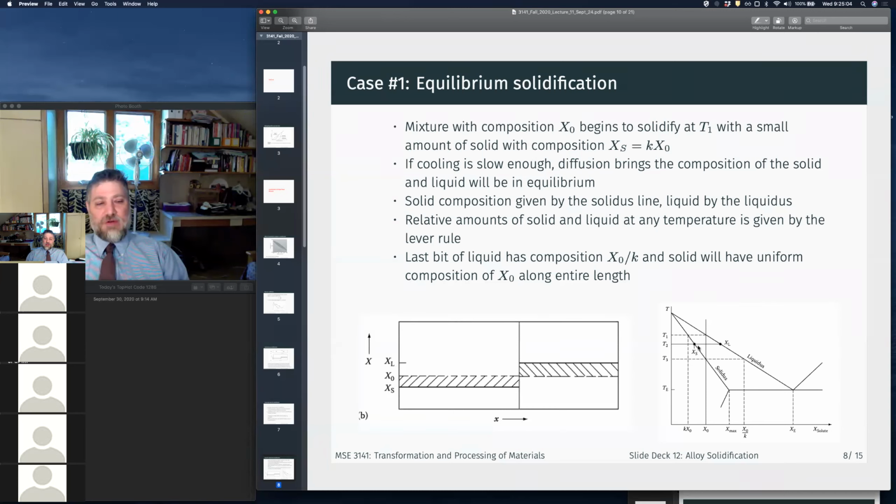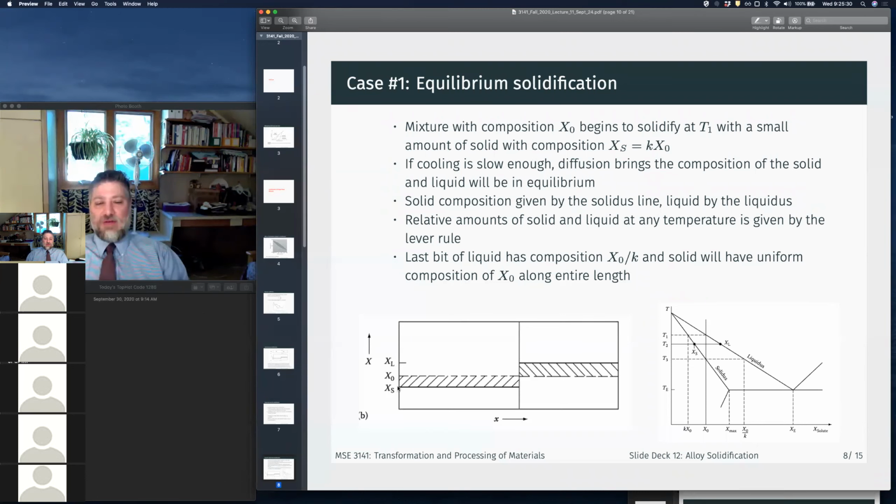As we freeze, the composition at the interface is always dictated by the solidus line. So the next bit to freeze is going to be slightly richer in solute than the first bit that froze.